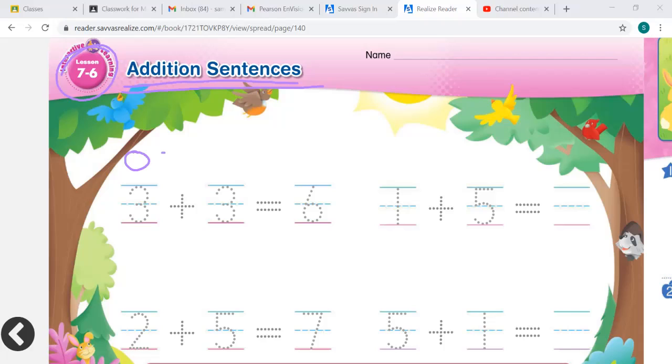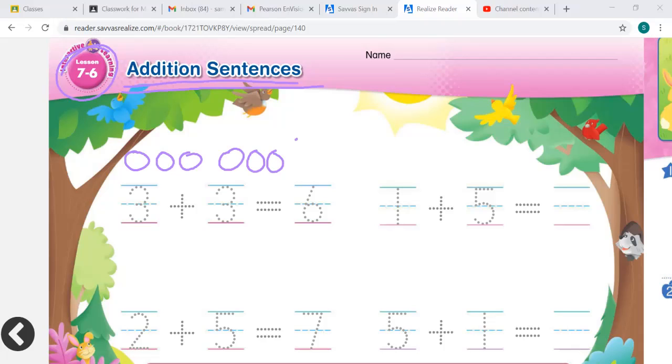Here's our first group of counters. We have the 3 rabbits here, and then we have another group of counters showing our other group of 3. So we need to join the counters to tell how many there are in all.